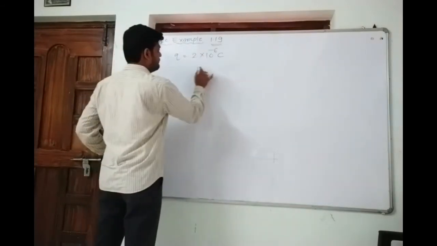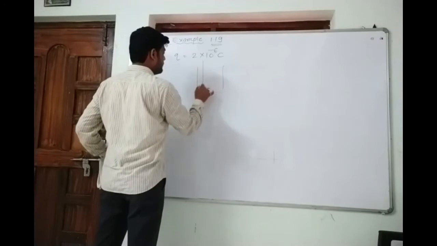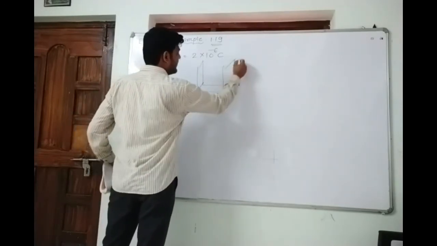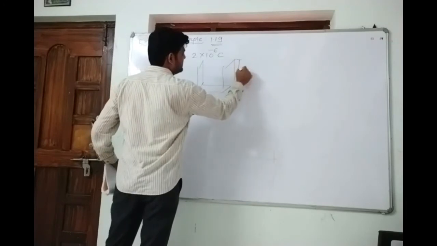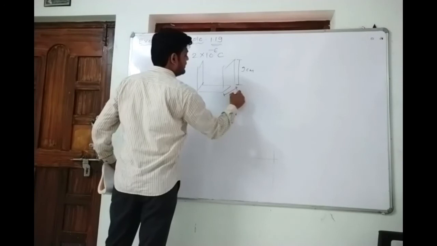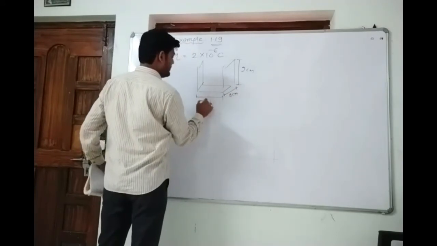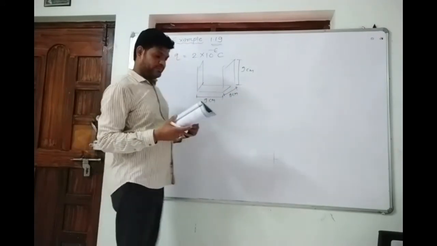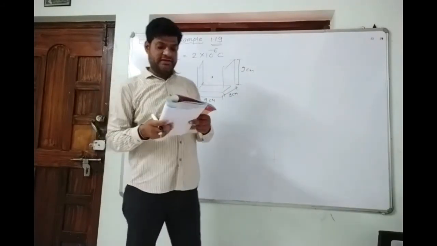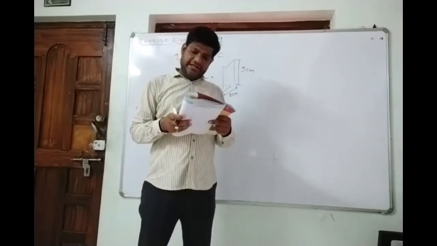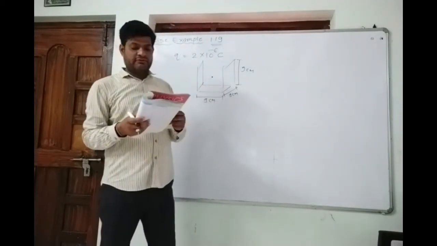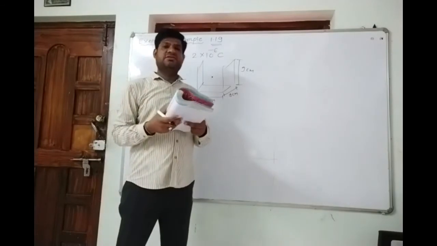So first of all we will draw a cube over here, and this cube has a side of 9 cm. This is 9 cm, this is also 9 cm, and this is also 9 cm. The charge is kept inside the cube, at the center of the cubic Gaussian surface. What is the net electric flux through the surface?